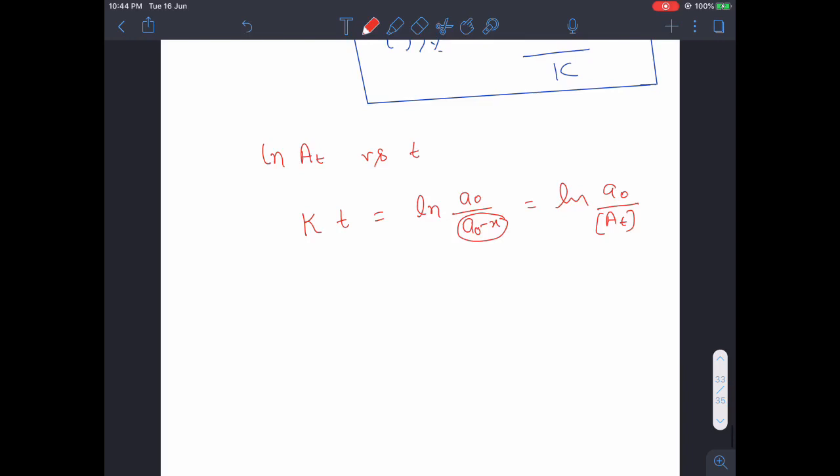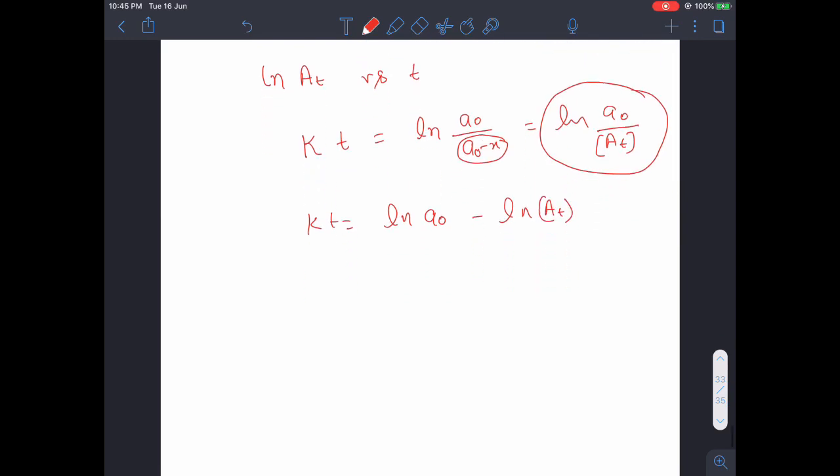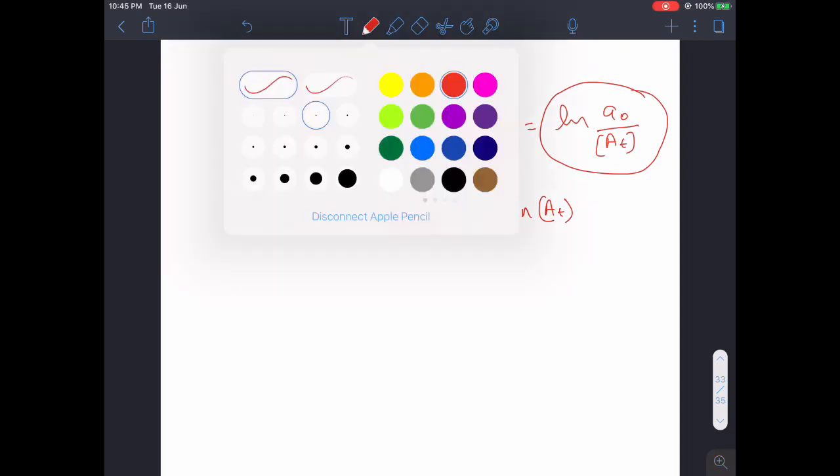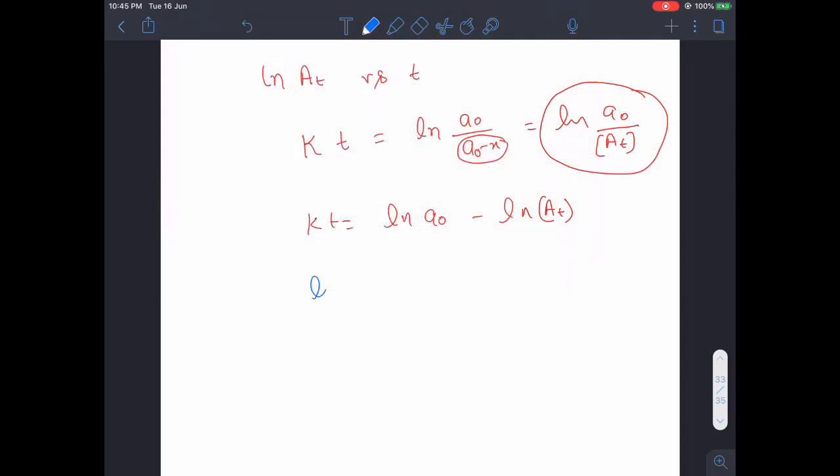So can I open it, this ln a naught upon At? So this kt will be equal to ln a naught minus ln At. Now once again shift, take it to the left side, this will be ln At is equal to ln a naught minus kt.